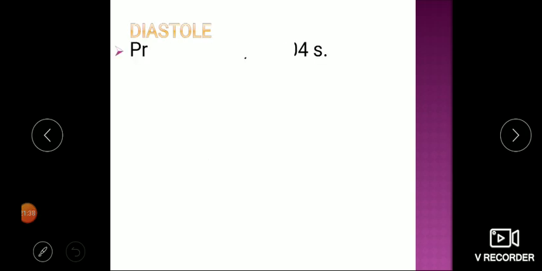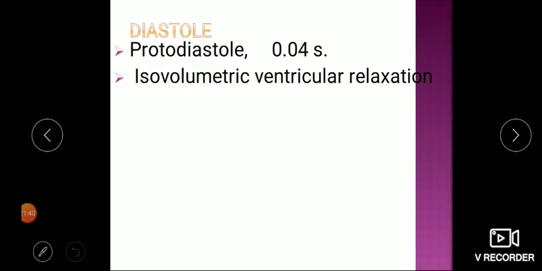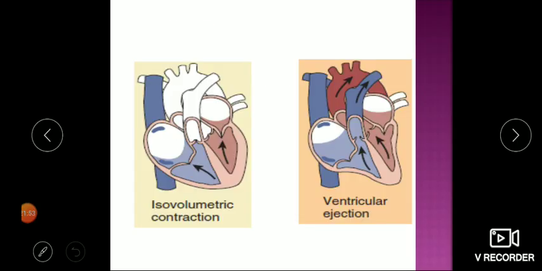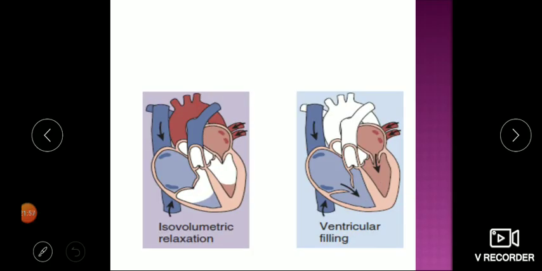So the diastolic events are protodiastole, isovolumetric relaxation phase, first rapid filling phase, slow filling phase which continues, and last rapid filling phase which coincides with atrial systole. So isovolumetric contraction and ventricular ejection, isovolumetric relaxation and ventricular filling.